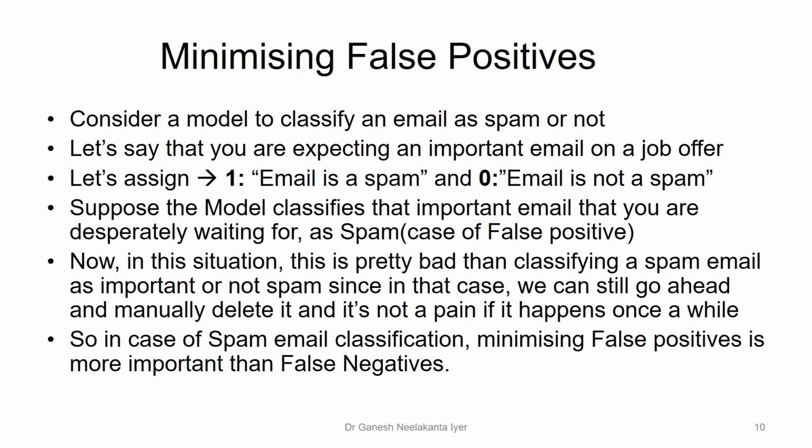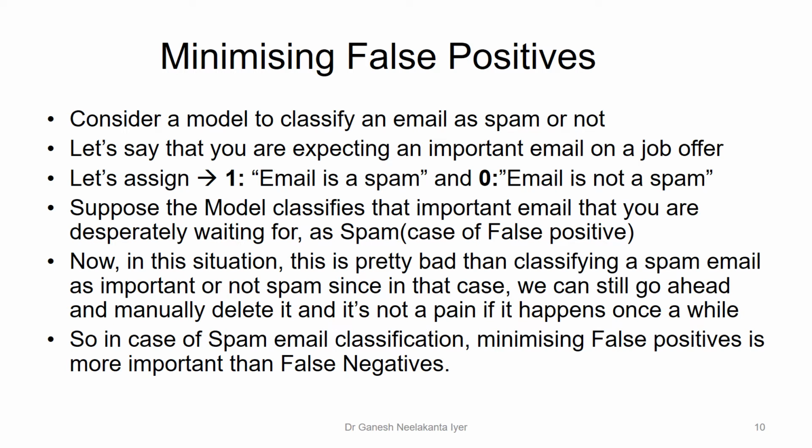So consider a model to classify an email as spam or not. Let's say that you are expecting an important email on a job offer. Let's assign 1 as email is spam, 0 as email is not spam. Suppose the model identifies that important email that you were desperately waiting for as spam.